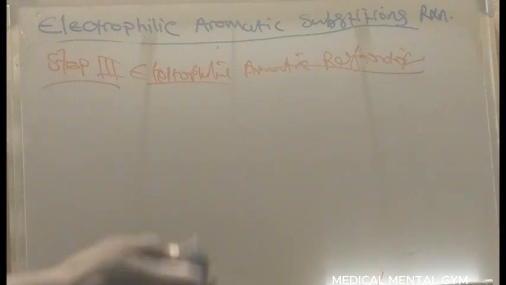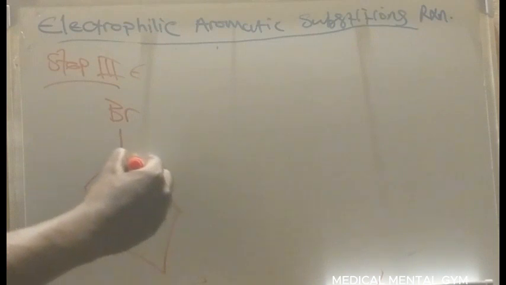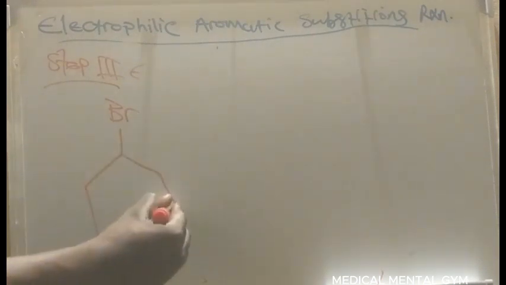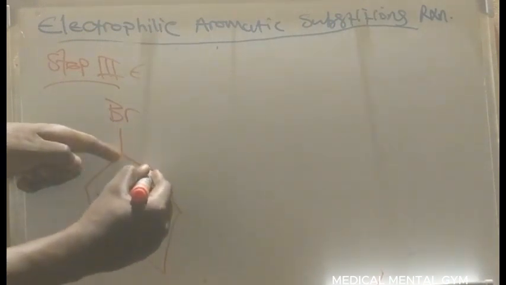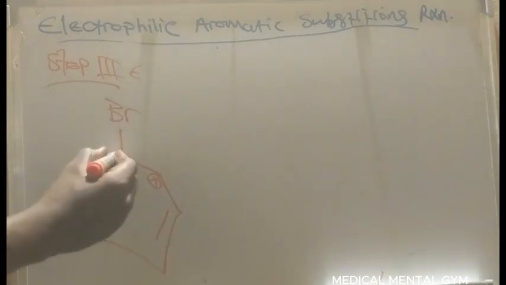So the first resonance we had in the previous step included bromine, which has been reacted with a benzene ring. So this was the product, this was how the intermediate looked, and we had a positive charge on this carbon which was involved in the pi bond that was broken.